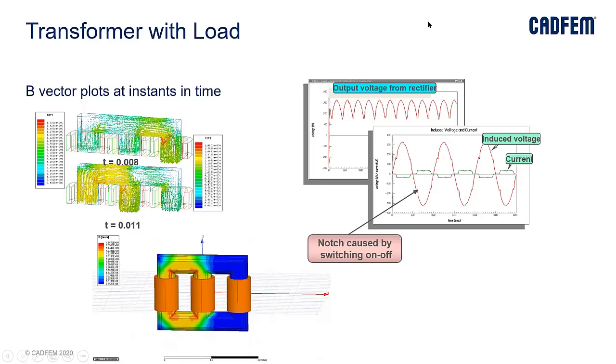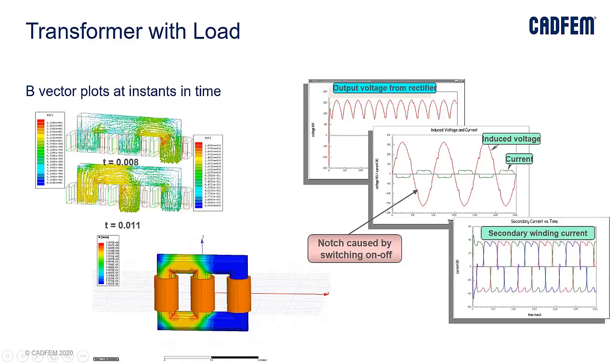When you are doing the on-load condition, if you would like to see the switching operation using diodes or mechanical switches, we can incorporate them using an option called the Maxwell circuit editor. You can see the notching operations because of the switches, which we can easily capture using our solutions.